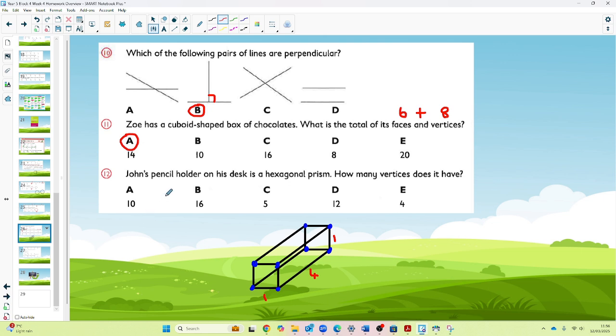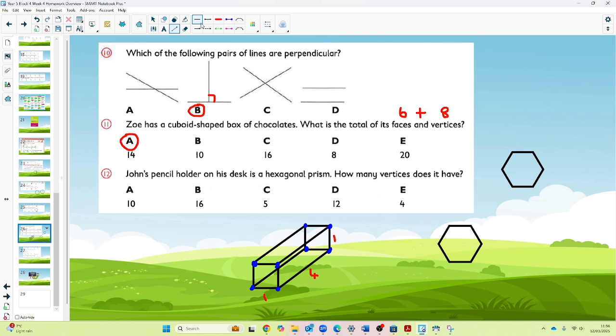Question 12. John's pencil holder on his desk is a hexagonal prism. How many vertices does it have? Now again, a prism, a bit like we did the cuboid, we can do in a similar kind of way. So if we grab ourselves a hexagon, I'm just going to do one over here in the corner and draw another hexagon there.